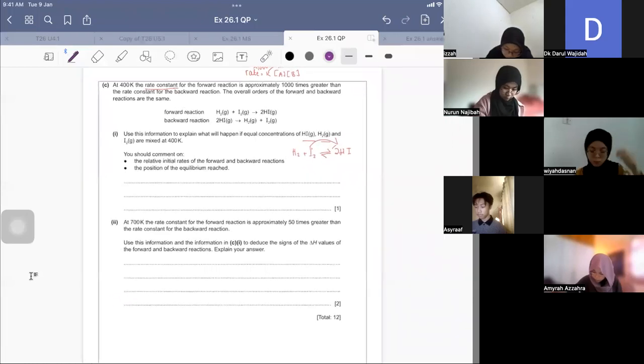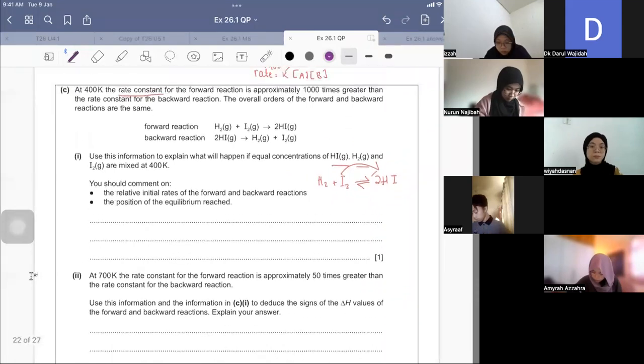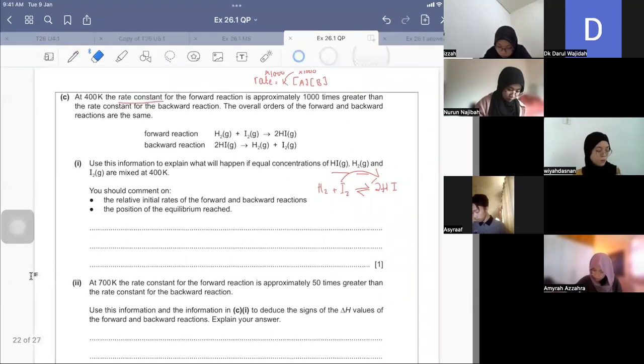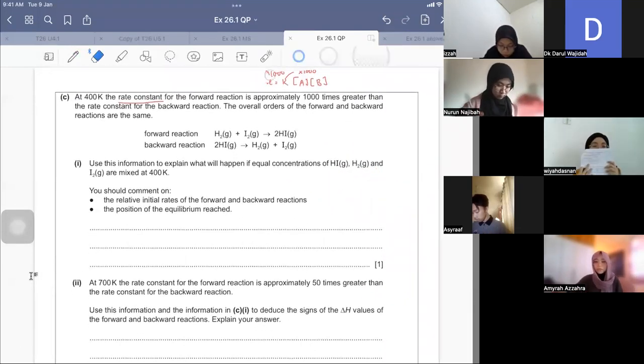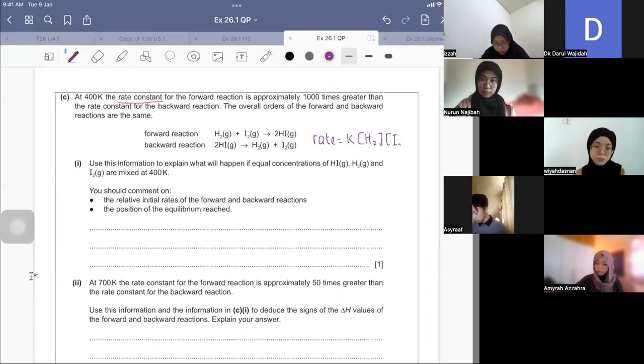I want to move on to part C. So I will just write down rate is equals to K times H2 times iodine. I'm moving on to part C now. Still on the same question, question 14.